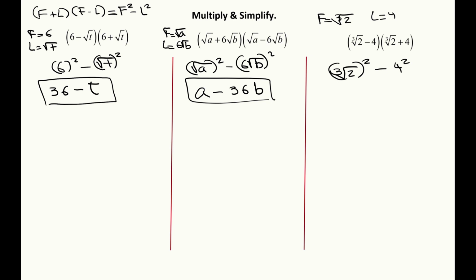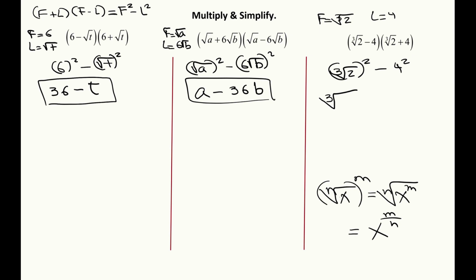Now the cube root of 2 squared, as you know, is not 2 because it's not the square root of 2 that's being squared. So if you think about it, let me remind you of a nice rule from the past: the nth root of x to the m is actually the same as the nth root of x, to the m, and both of them are equal to x to the m over n.